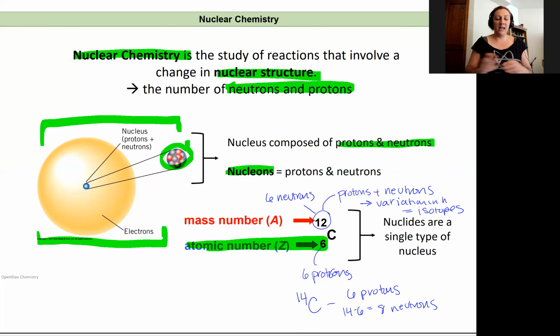Now, if we had a sample that was only carbon-12, we would be looking at a pure sample of the same nuclide. So a nuclide is just a single type of nucleus, meaning one amount of neutrons and one amount of protons. A different nuclide of carbon would be carbon-14.